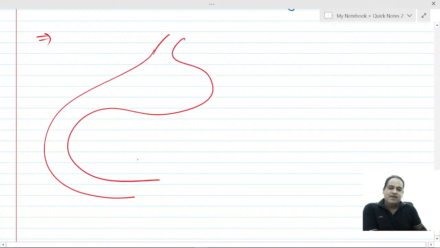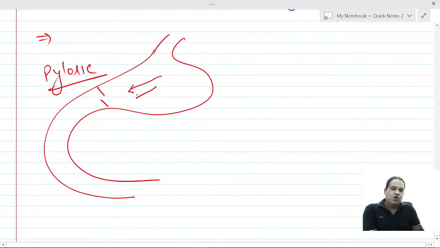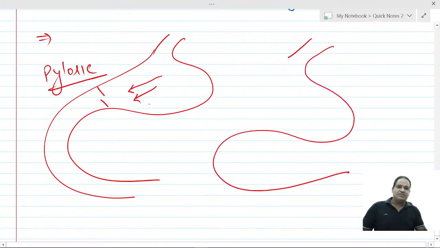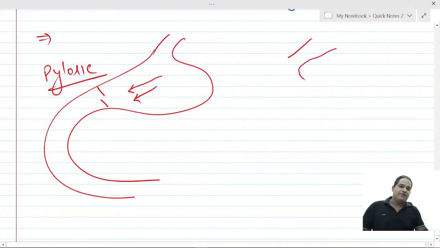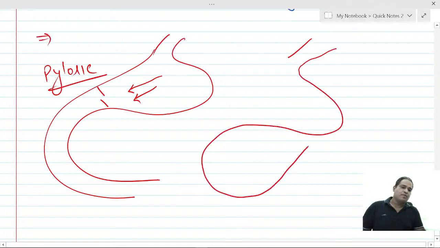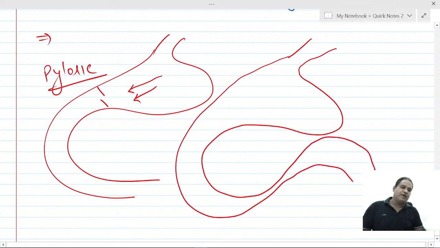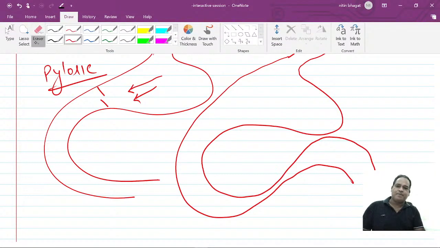So you see, this is the normal physiology. Normal physiology, there is pyloric sphincter, which will stop the flow of food until it is digested to the point of being liquid. What surgery do we do? Let's say for acid, for cancer, suppose we perform this kind of surgery like gastrojejunostomy.